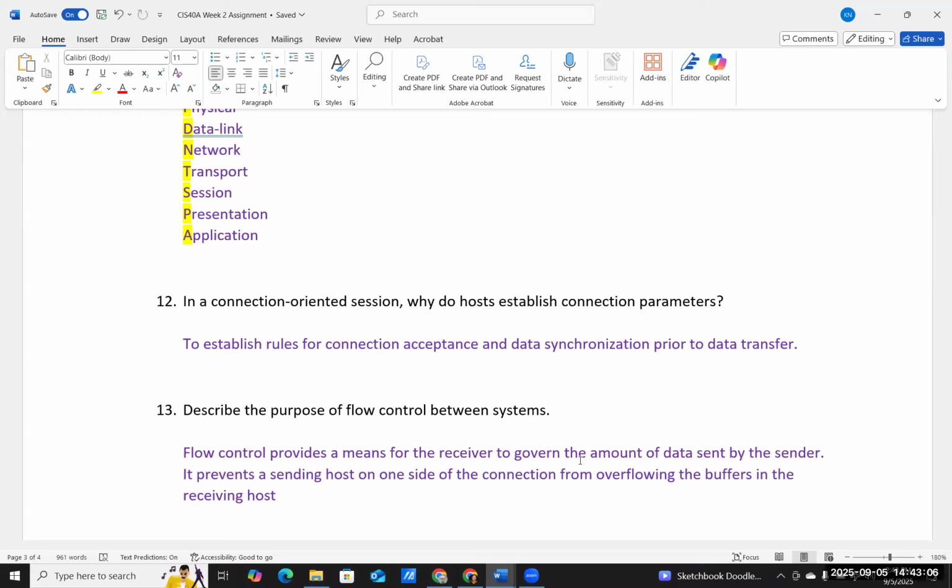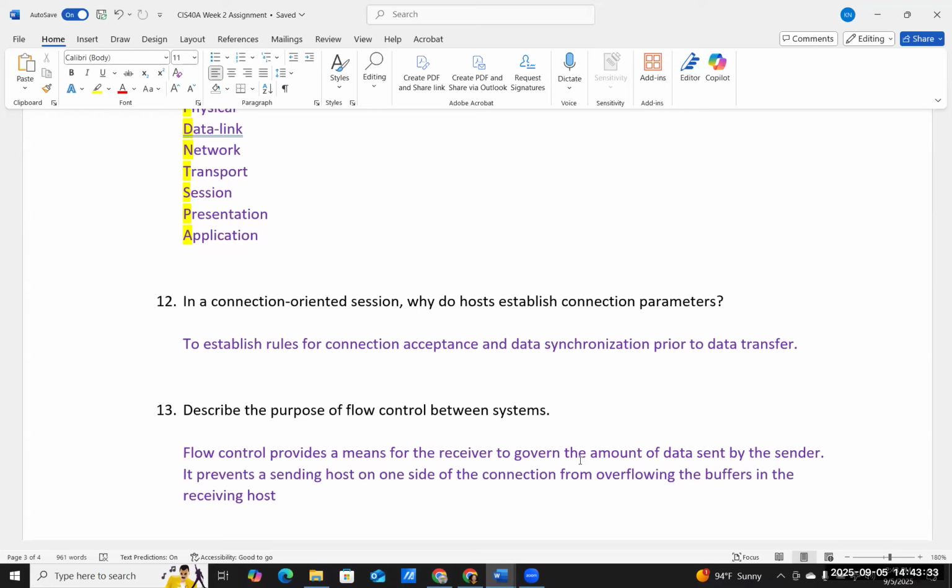Then we need to talk about flow control, right? Flow control is important, especially for network administration and management purposes. We want to make sure that the receiver, right, gets the appropriate amount of data. You don't want things to flood across the network. It's like how if there are many cars on the freeway, you're going to have congestion, right?